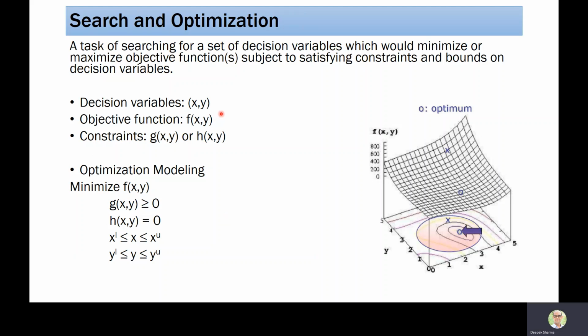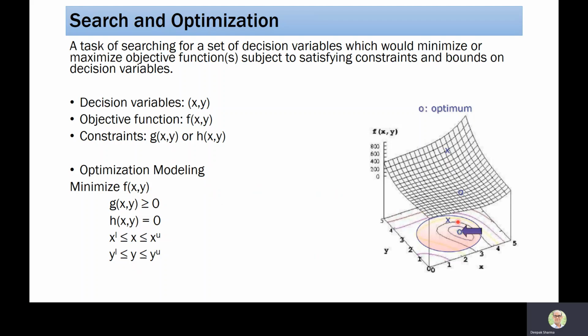Now, once our model is ready, our task is searching for a set of decision variables which would minimize or maximize the objective function, subject to satisfying the constraints and the bounds. So we are looking for an x, y value so that I will get the minimum value of f such that the condition of G, the condition of H and the bounds on x and y are satisfied. Generally, if you look at the figure on the right hand side, we don't know where the solution is which is going to give me the minimum x and y.